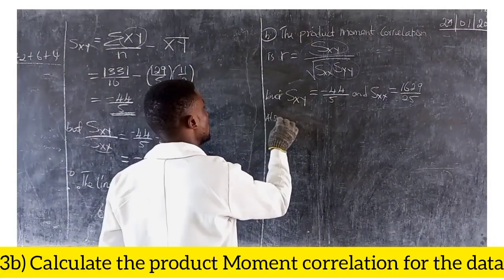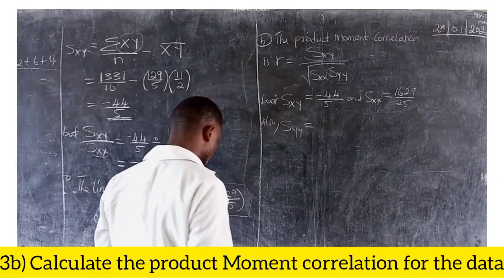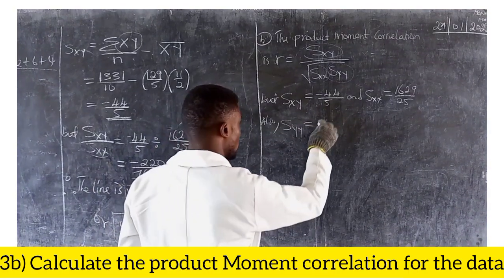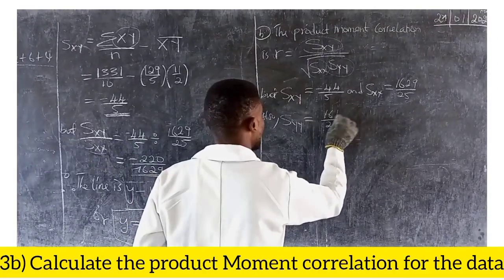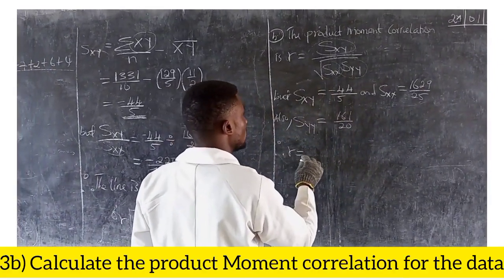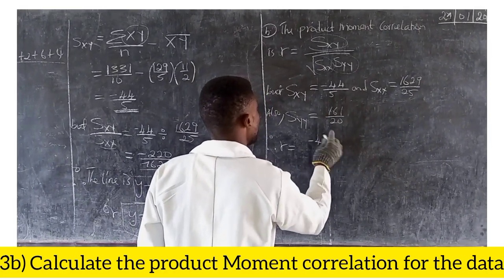Also, if we calculate this, the variance of y should give us 161 on 20.